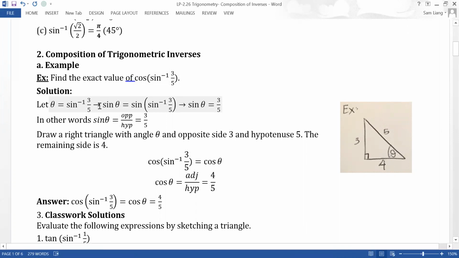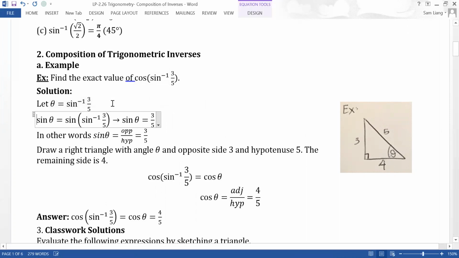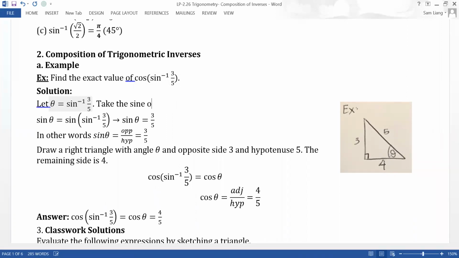And then from there, you're going to take the sine of both sides. I'll write that. And take the sine of both sides. And that'll lead us to the next step, which is sine theta equals sine of arc sine of 3/5.